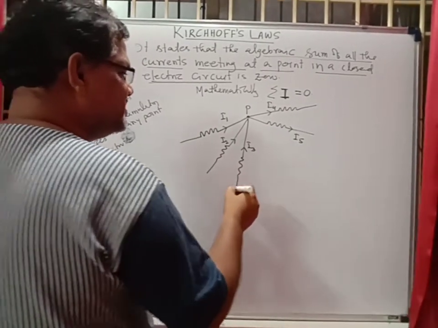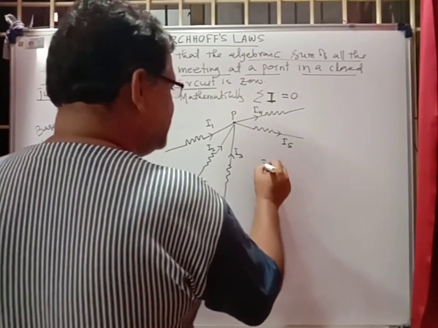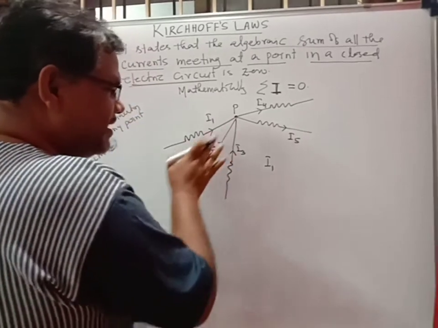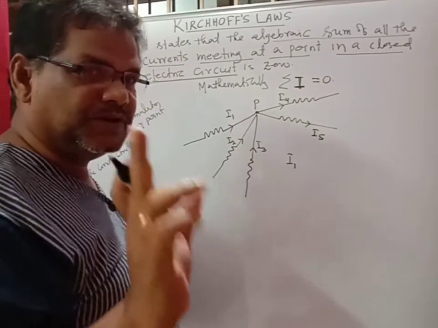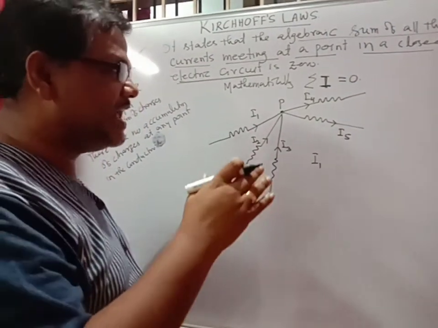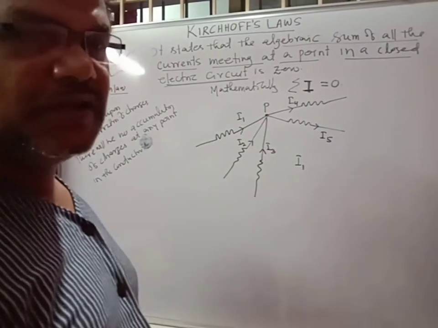The current directed towards the junction is taken as positive, and the current directed away from the junction is taken as negative.